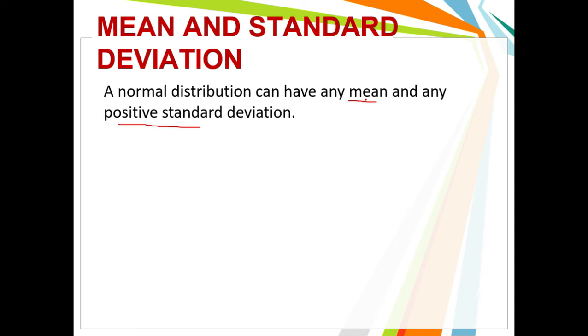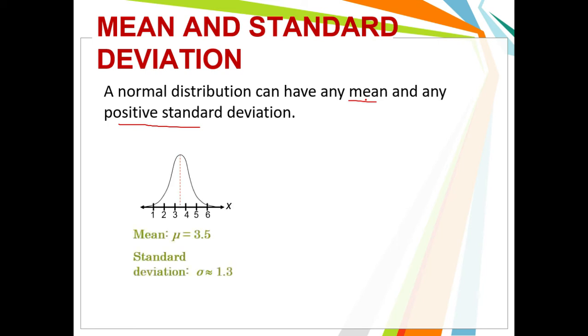Gaano kalawak or kalapad or ka-narrow yung ating distribution or yung spread. Gaano kalat or kadikit-dikit yung ating mga data. So halimbawa, for that one, we have a very small distribution or medyo narrow yung shape ng ating distribution.